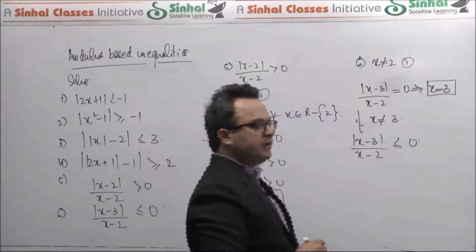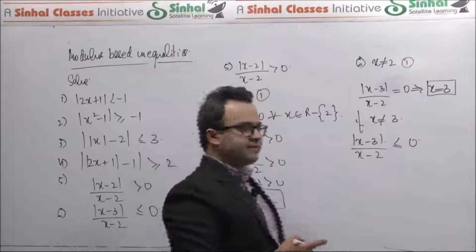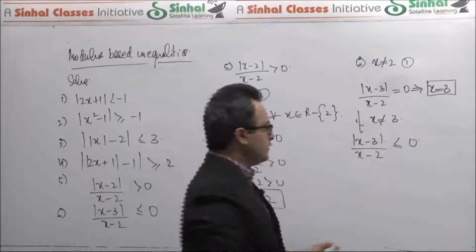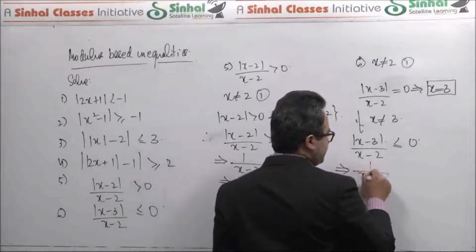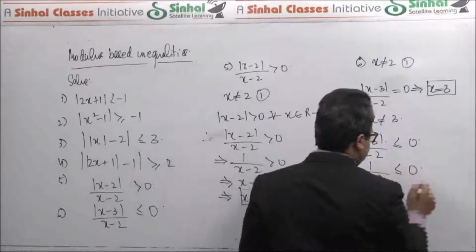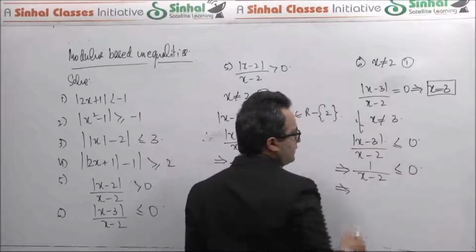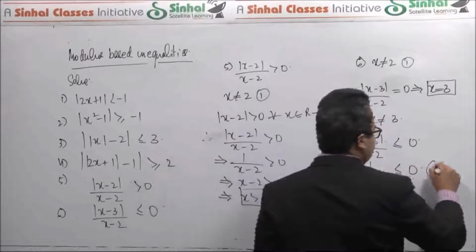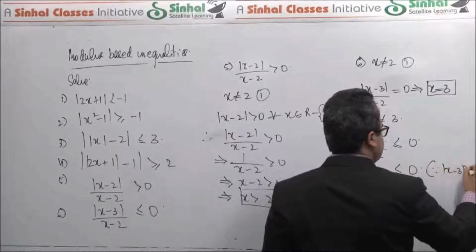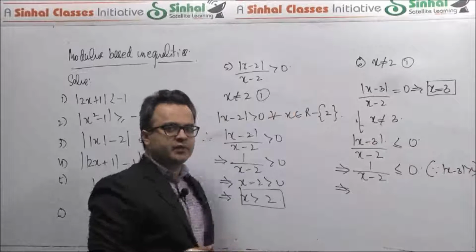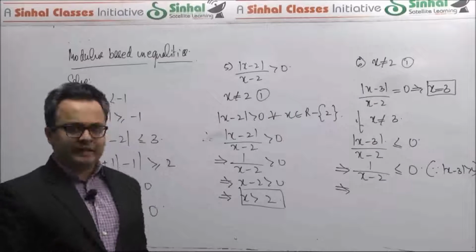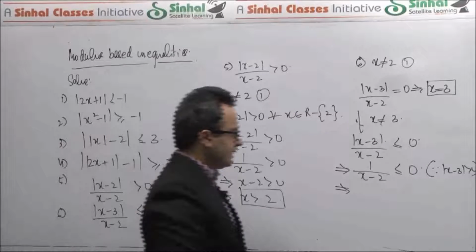Now, if x is not equal to 3, then again my inequality is mod x minus 3 upon x minus 2 is less than or equal to 0. But since x is not equal to 3, I can divide by mod x minus 3 on both sides, since mod x minus 3 will be positive. And again, as we've discussed, when you divide both sides of an inequality by a positive quantity, then the sign of inequality will remain the same.